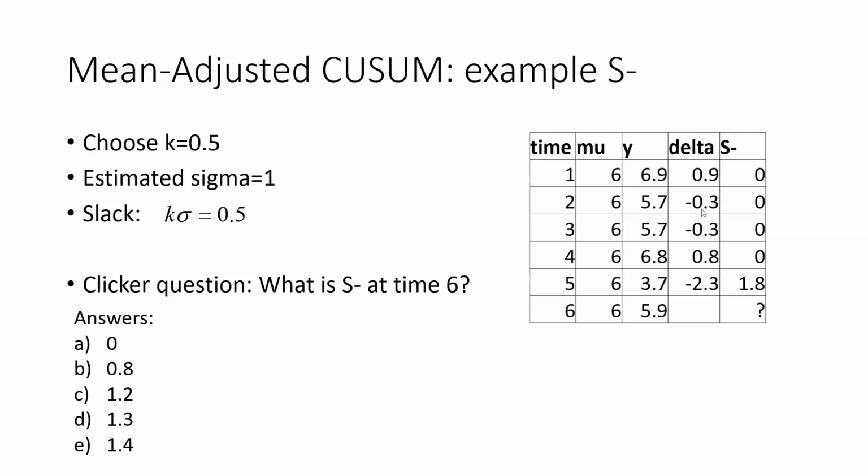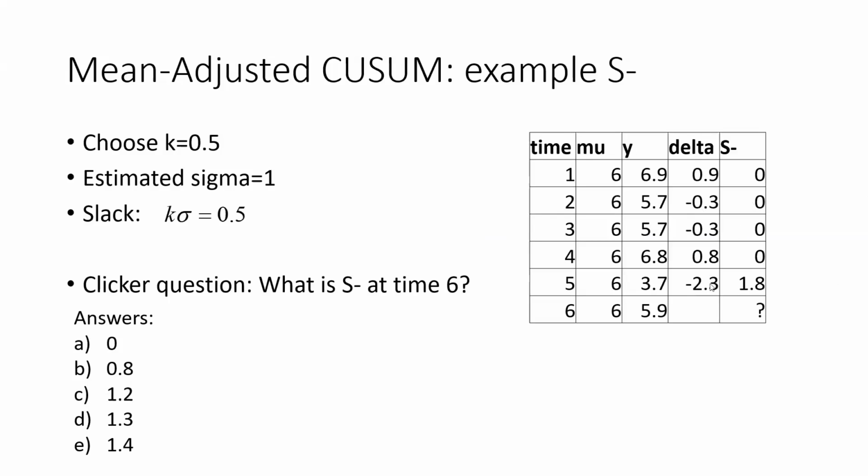Minus 0.3 flipped is plus 0.3, minus 0.5 is minus 0.2, but we can't be below 0. Same thing, can't be below 0. 0.8 flipped is minus 0.8, subtracted 0.5 is minus 1.3, but we can't be below 0.